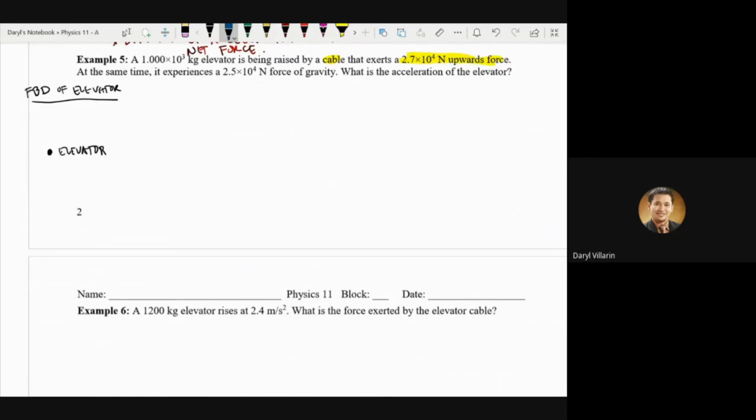So that means that you have F upward. I just call that one as Ft. That's again 2.7 times 10 to the power of 4 Newton. And at the same time, it experiences force of gravity of 2.5 times 10 to the power of 4.